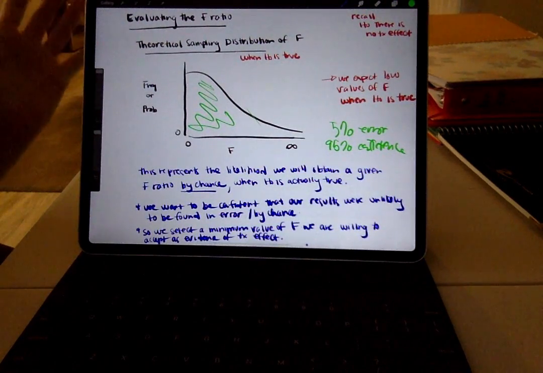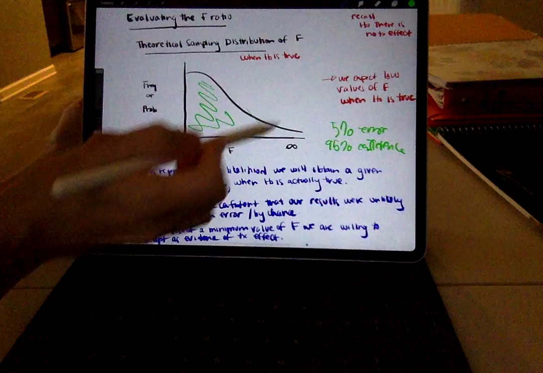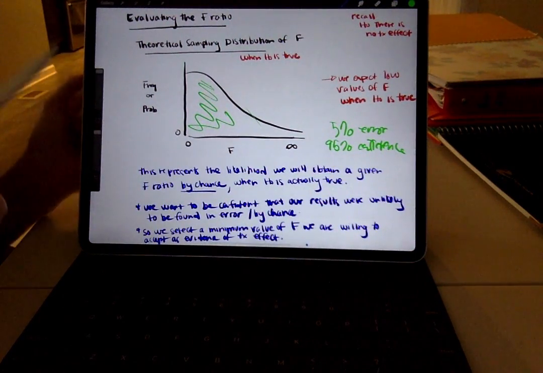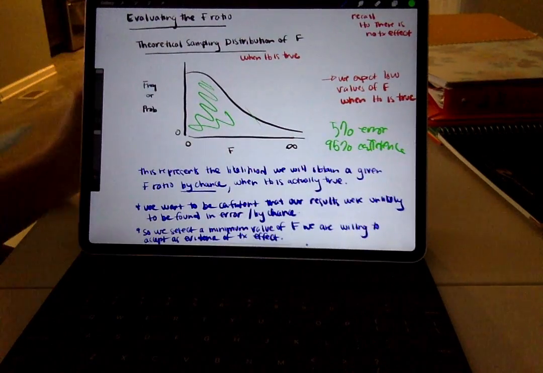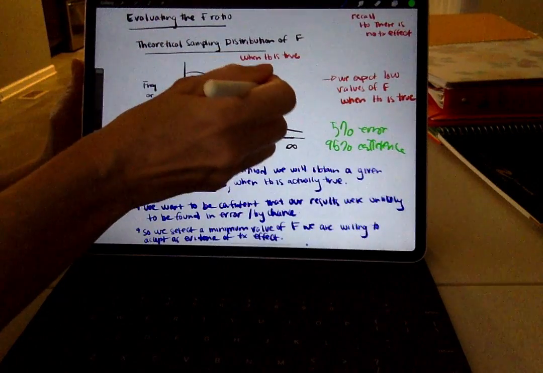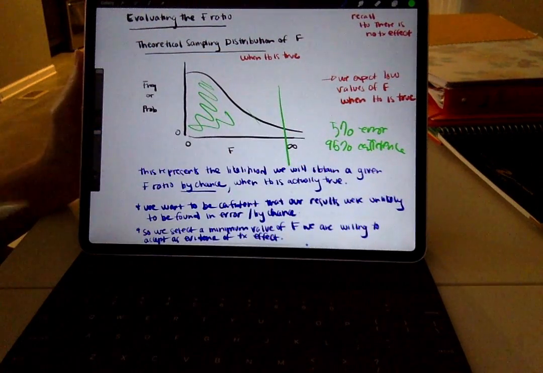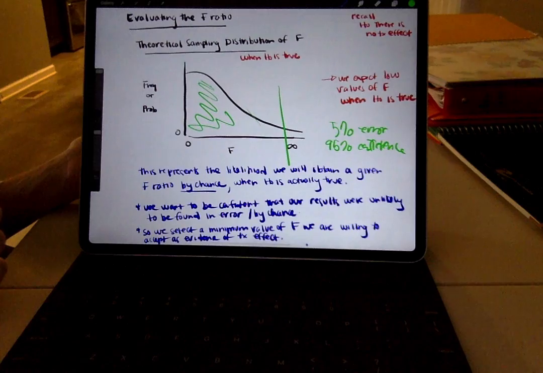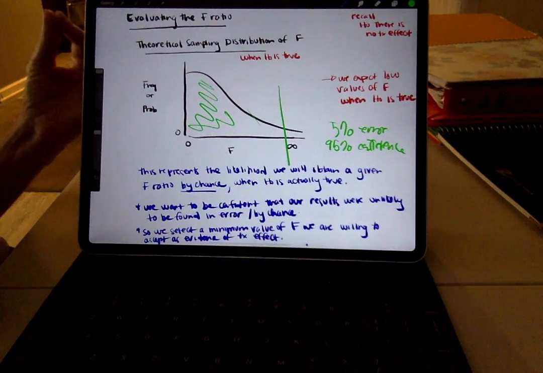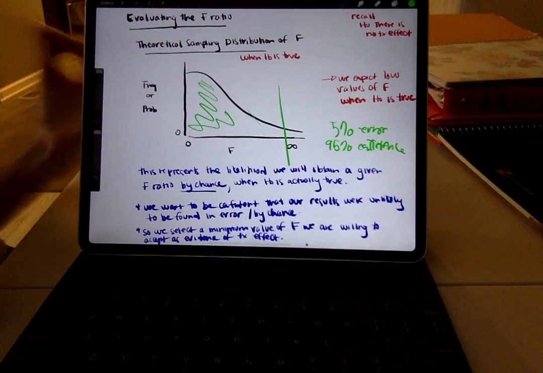I know I'm kind of all over the place here, but the point is we're going to use this curve to establish a minimum value of F that we are willing to accept as evidence of treatment effects. So basically we are going to establish a cutoff. Right now this is abstract, but in the next video you'll see that it's actually very black and white.